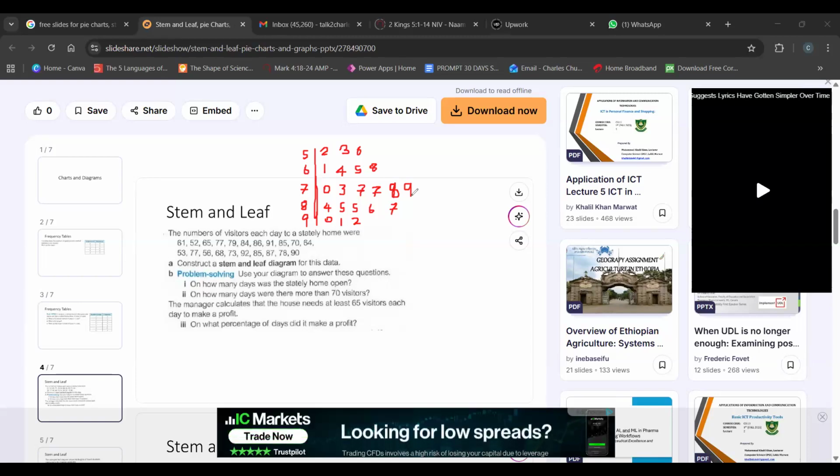Since it's an odd number, I think this one is quite straightforward, right? The median would be the 11th number out of 21, correct? Let's count it. 1, 2, 3, 4, 5, 6, 7, 8, 9, 10, 11.